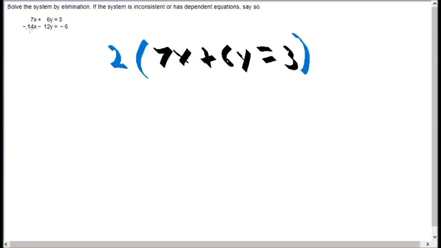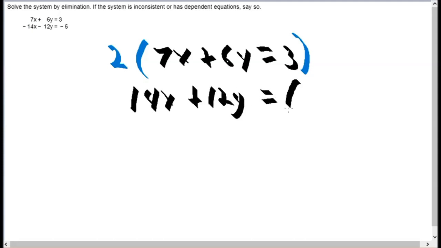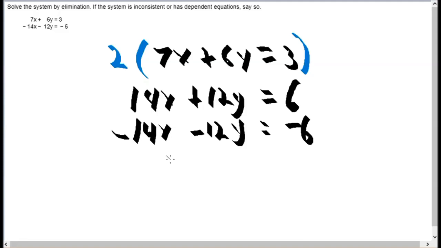Positive 14 and negative 14 will cancel, so we'll multiply that by 2. Right here we'll get 14x plus 12y is equal to 6, and then the other one has negative 14x minus 12y is equal to negative 6, and we add those down, we get 0 equals 0.